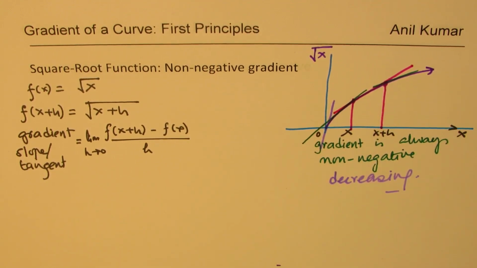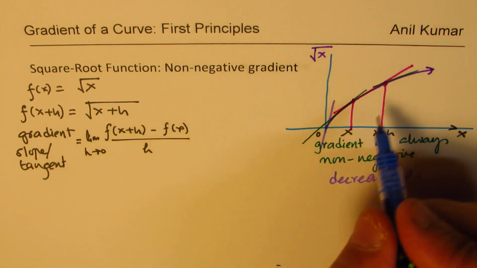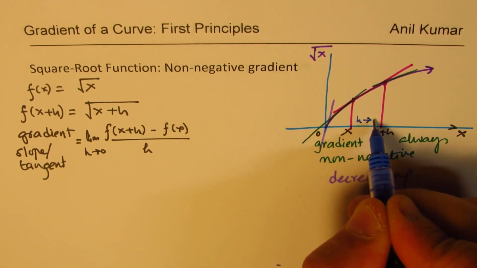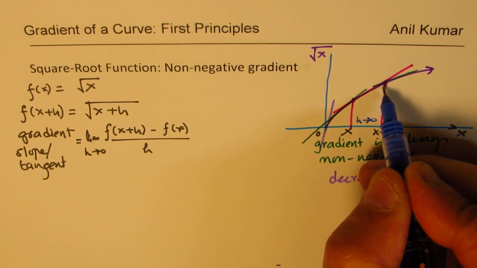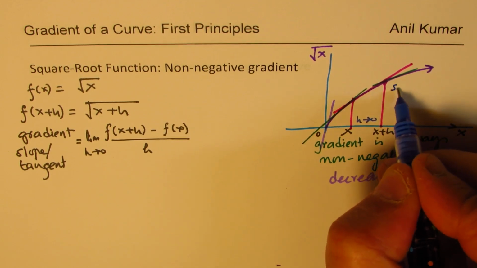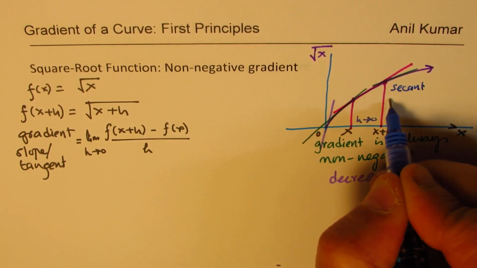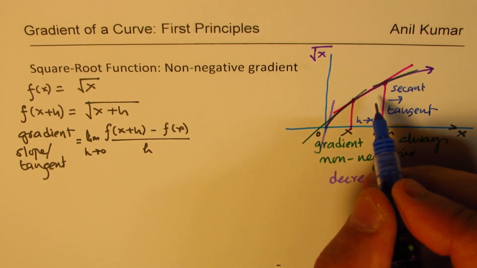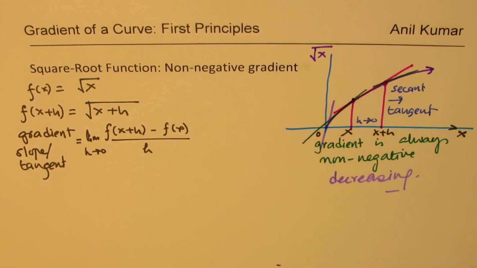And we are saying that the difference is h, which is approaching 0. That means they are very close. Since they are very close, secant approaches tangent. And so we have the gradient at a point. You get the idea, right? So that's the whole concept.